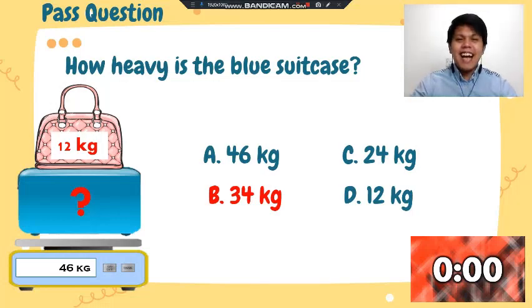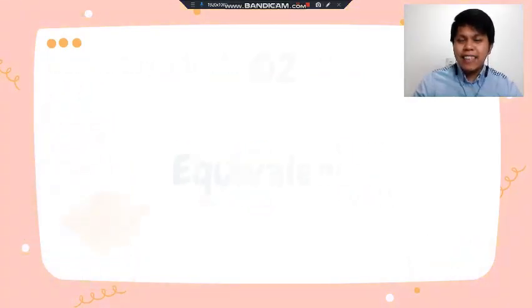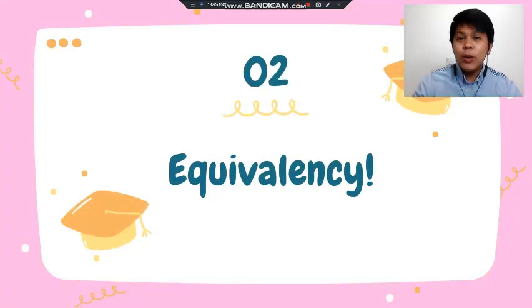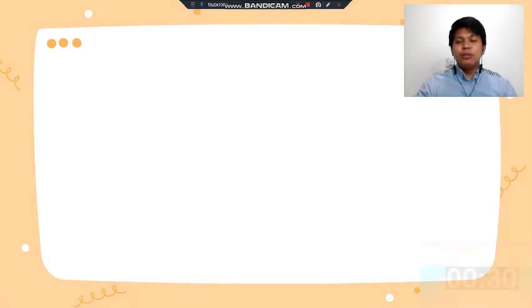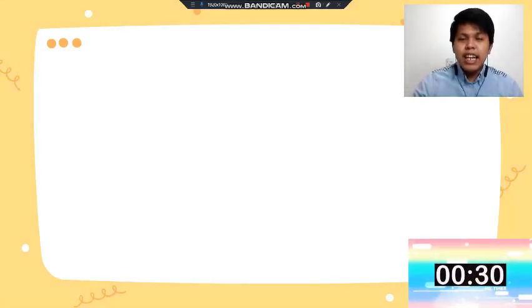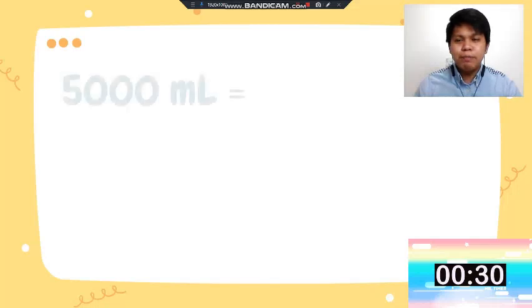Okay, now let's move on to our next activity, equivalency. Now, what are you going to do? You're just going to convert the grams to kilograms or the other way around, and the other units of measure you learned. Here is the first one.